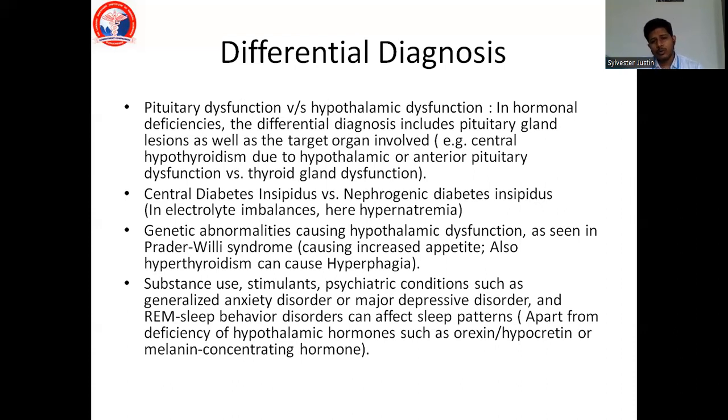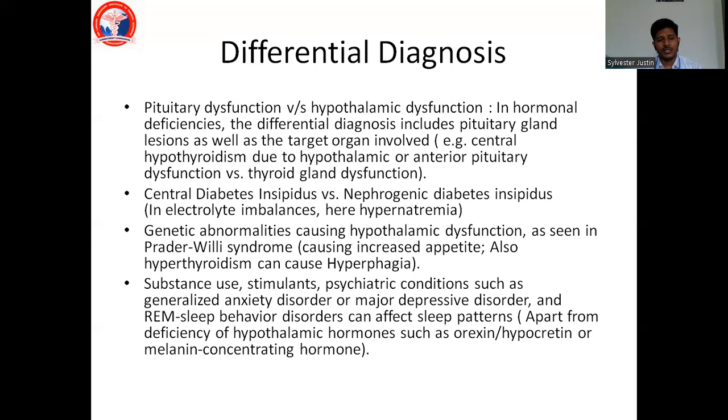Finally, we may have to rule out whether the person has substance use or use of some stimulants or having psychiatric conditions, all of which can mimic certain hypothalamic disorders. So we have to do a good history taking and clinical examination.